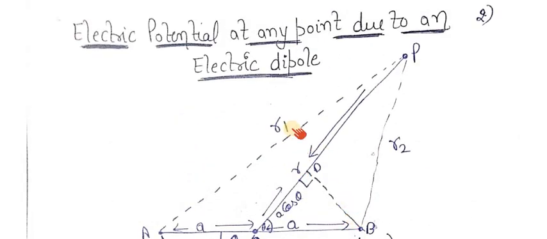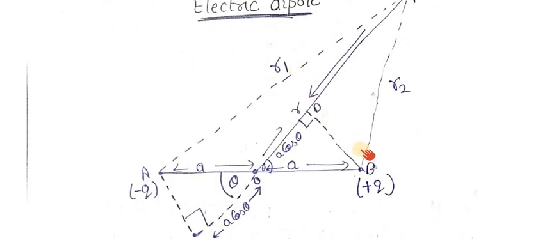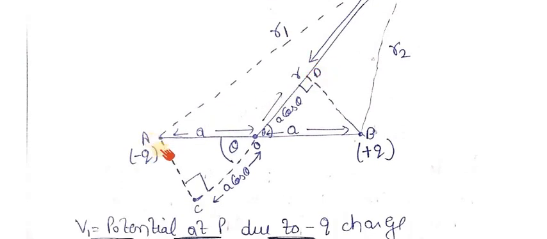So to write this r1 in terms of r, first of all I will drop a perpendicular from point B at this point. So this I will name point D, right? Similarly, I will drop a perpendicular at point C on the extended OP line. So this will meet at point C, right? So these are two perpendiculars.